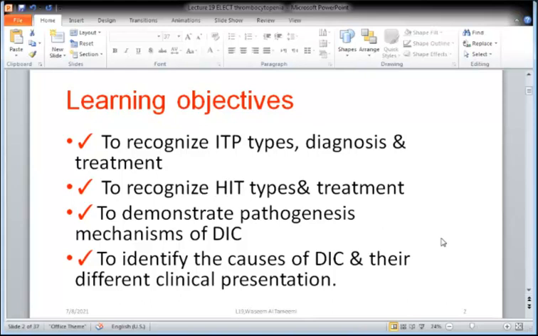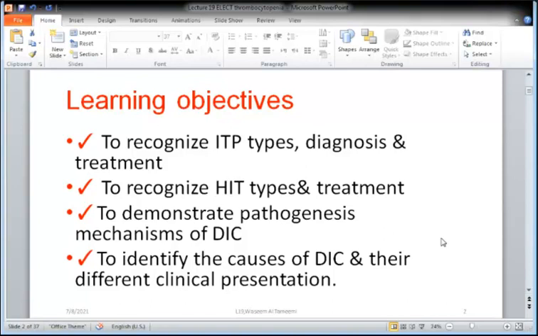Regarding the different causes of thrombocytopenia, we talked about decreased production, hemodilution, or increased sequestration or pooling, like in hypersplenism. Peripheral destruction, like what will be discussed today, immune thrombocytopenic purpura, or peripheral destruction due to DIC.